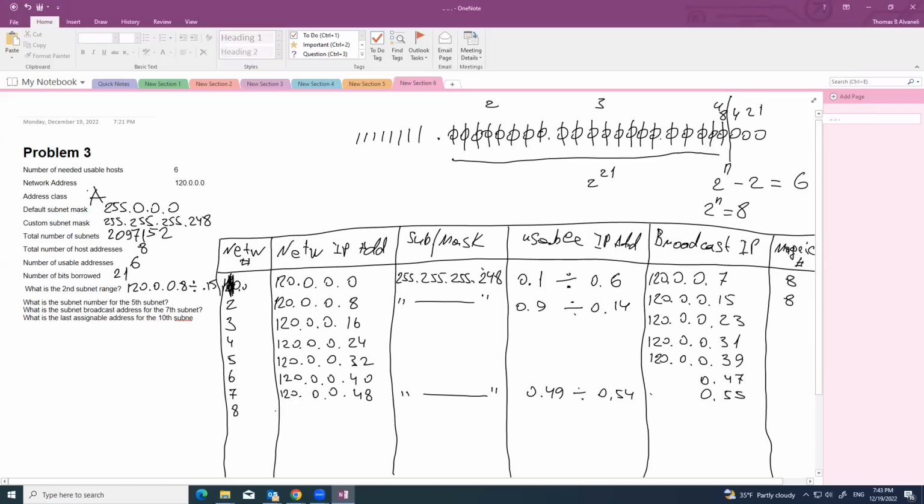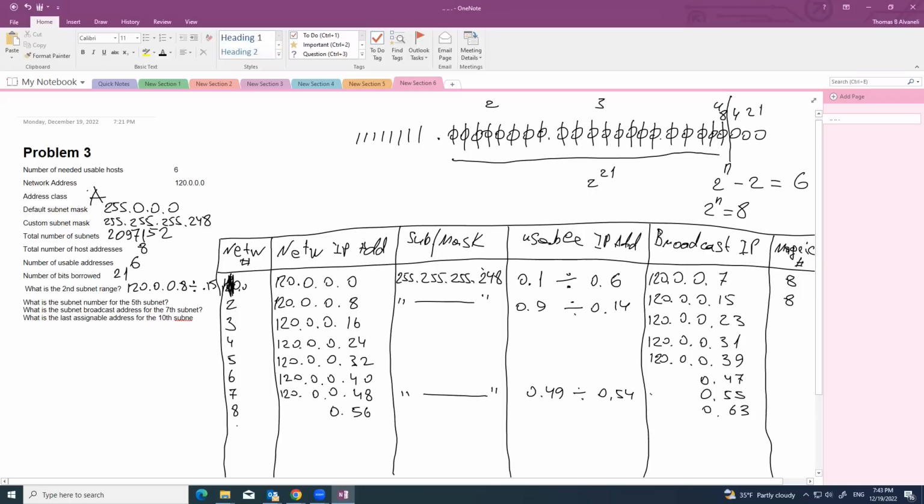The 8th subnet will be 120.0.0.56. The broadcast address will be here, 0.63.